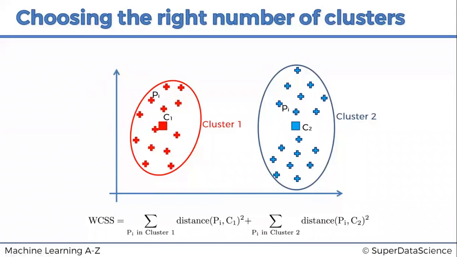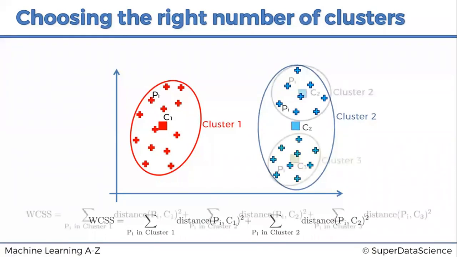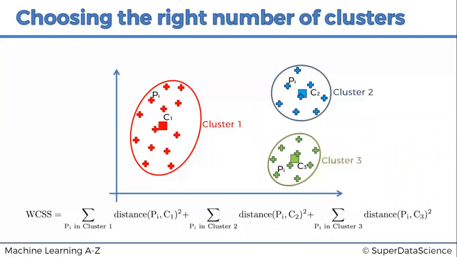Now, once again, we're going to increase the number of clusters, so this time to 3. So just remember visually what 2 clusters looks like, and then we'll compare to the next image. So there we go. Now we have 3 clusters. And as you can see, nothing changed in cluster 1, so this sum is going to be the same. These 2 sums have changed.